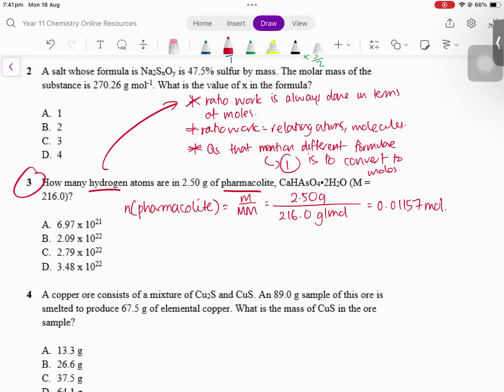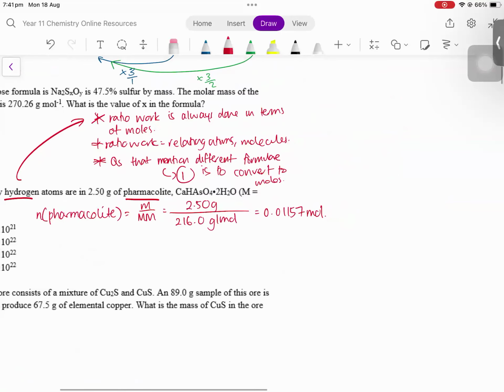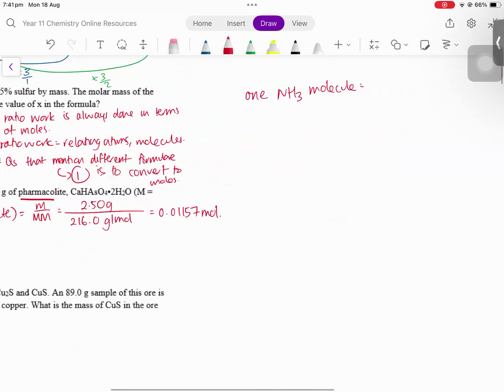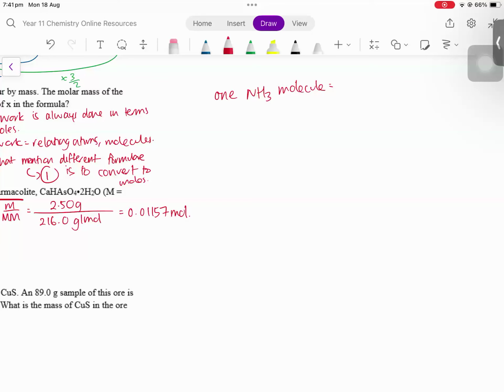And then guys, let's say I told you that you had one NH3 molecule. How many hydrogens are in here? 3. Okay.